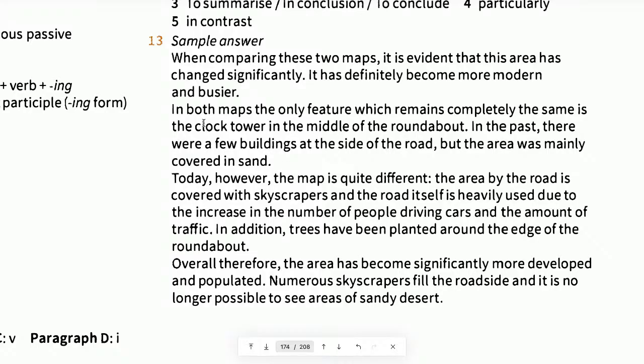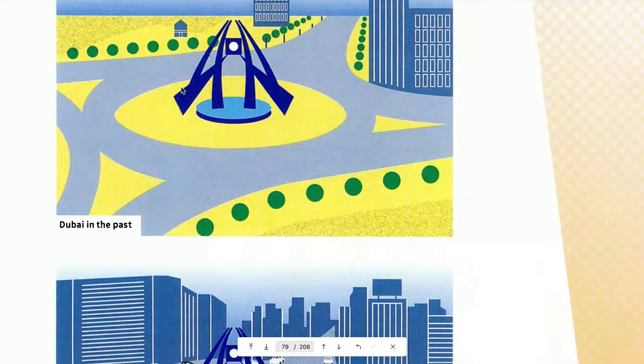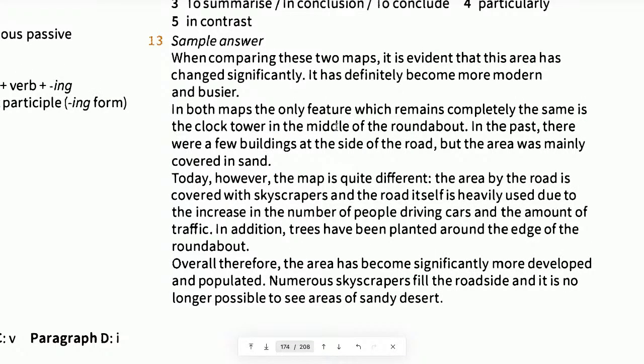Here they say, in both maps the only feature which remains completely the same is the clock tower in the middle of the roundabout. So you can see the clock tower right there, right? Yeah, and that is unchanged, right? So that means that in the first paragraph they decide to talk about something which remains the same.